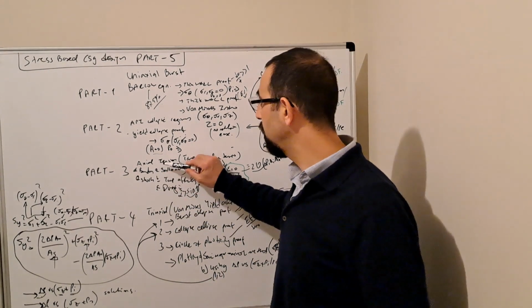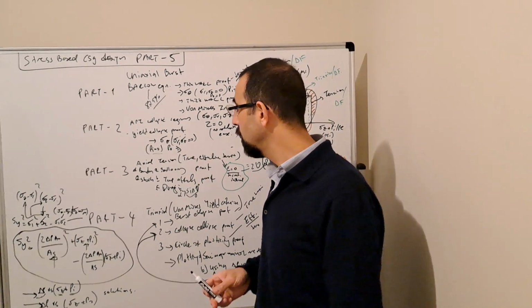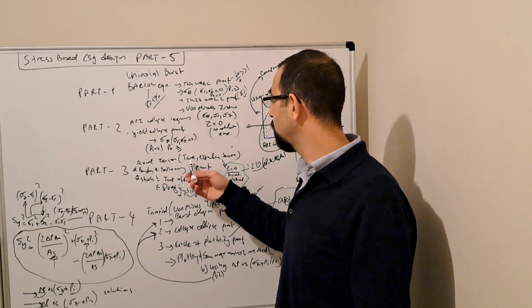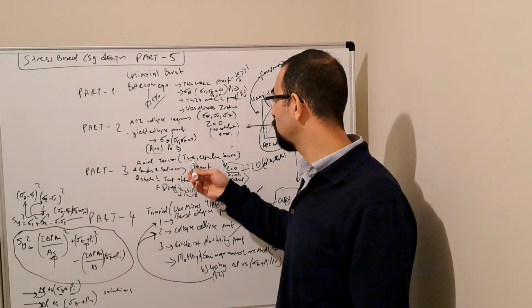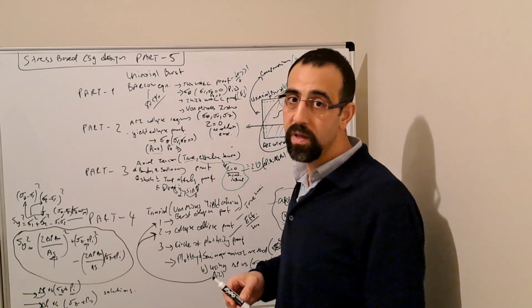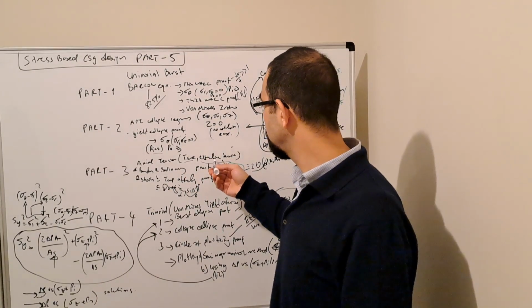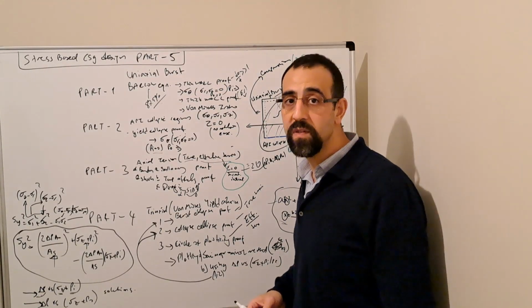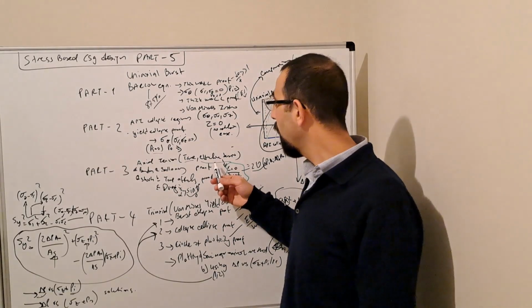In part number three, we covered axial tension or compression. We started with the main concepts, being the true tension and the effective tension, and as you remember, effective tension excludes the effects of the hydrostatic pressure.